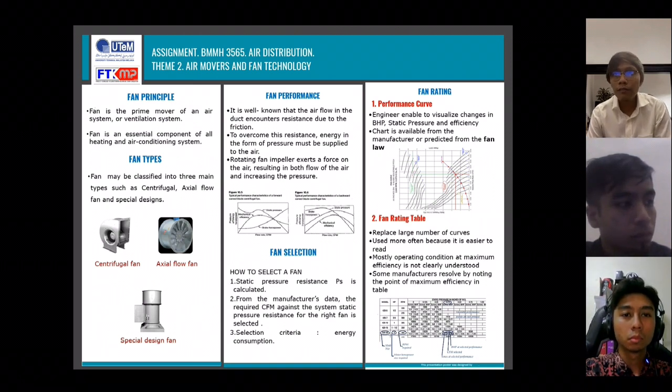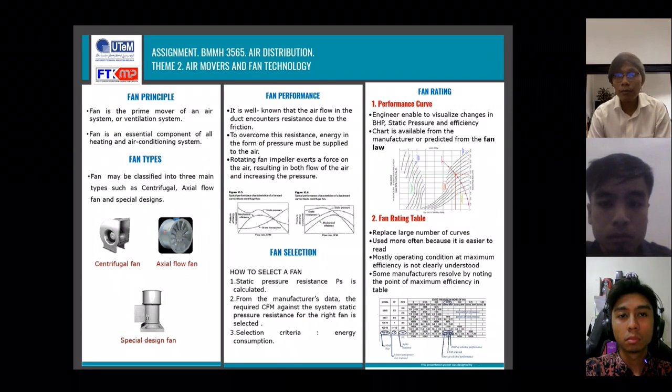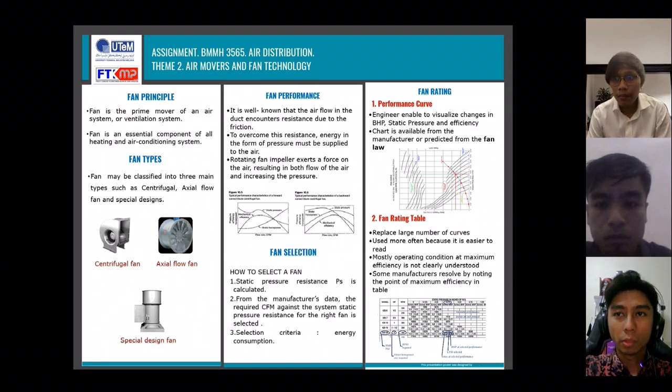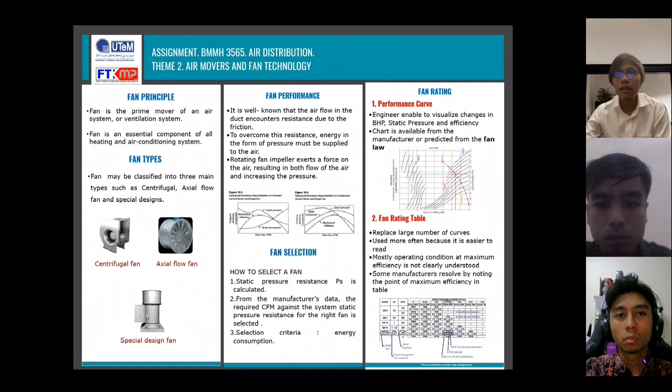The BHP required for the forward curve blade fan increases sharply with flow, but with the backward curve blade fan, the BHP increases only gradually, peaks at maximum and then falls off. And as you can see here, efficiency is higher in the middle of the range flow. And lastly, a higher maximum efficiency can be achieved with backward curve blade fans.